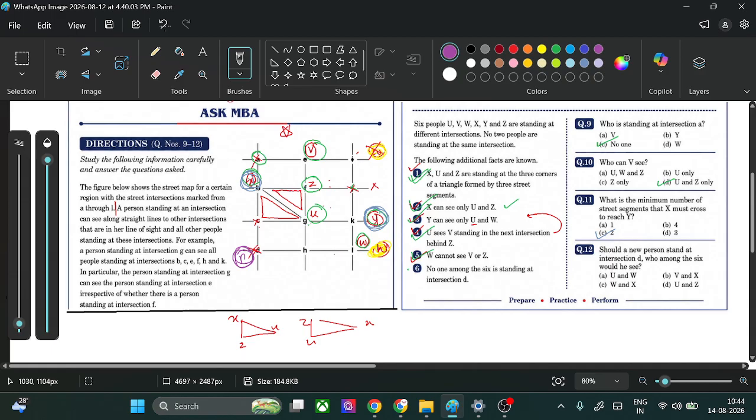There are two people who can see N, that is X and W. So is there any other option other than X and W? D's position is not this one, it is X and W. So option C has to be the correct answer, right? Other than X and W, there is nobody else who will see N, right?